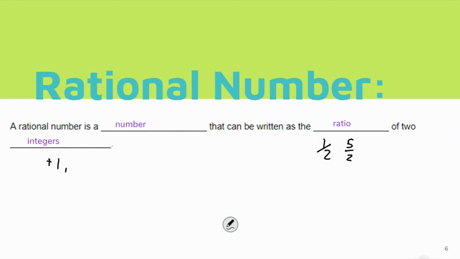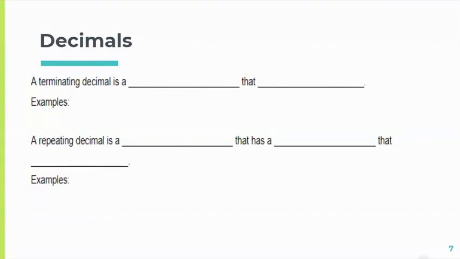That means we can have positive numbers, and we can have negative numbers. So rational numbers include positives and negatives, fractions, also decimals. We have 2 kinds of decimals that we think about in rational numbers.